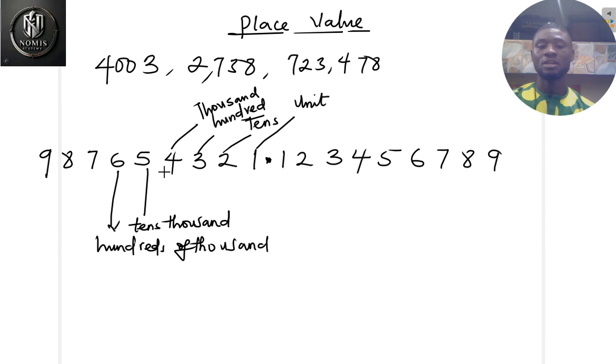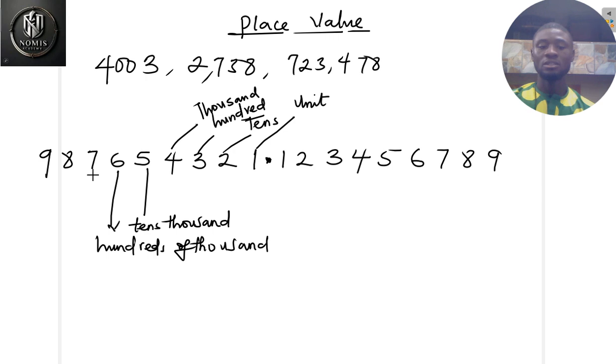So this is 654,321. The place value of 6 here is 100,000, and the place value of 7 here will be million.